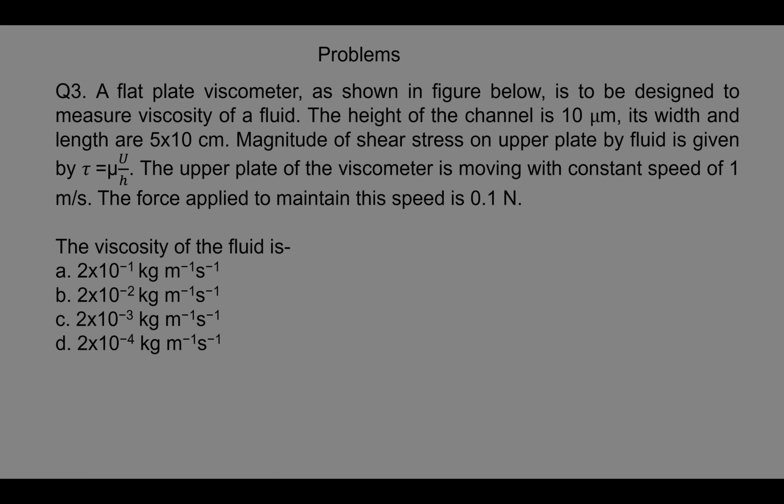Its width and length are 5 and 10 centimeter. The magnitude of shear stress on the upper plate by the fluid is given by tau equal to mu u upon h. The upper plate of the viscometer is moving with a constant speed of 1 meter per second. The force applied to maintain this speed is 0.1 N.